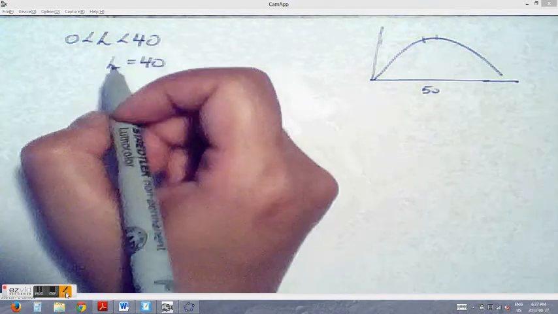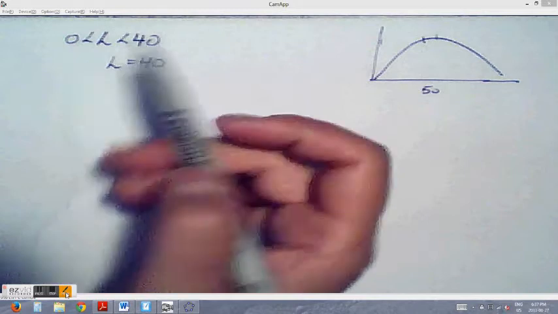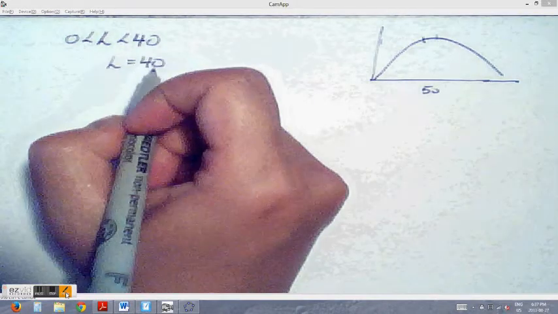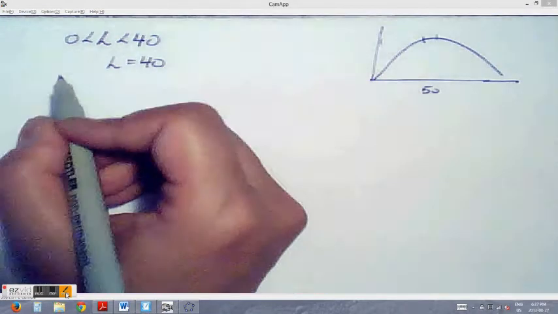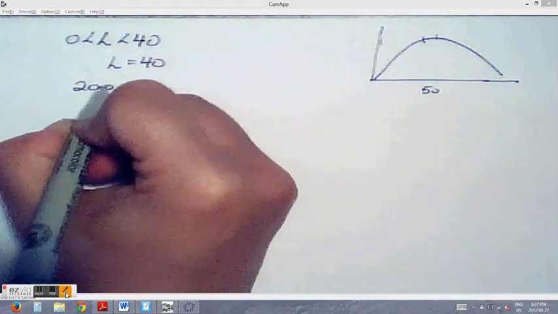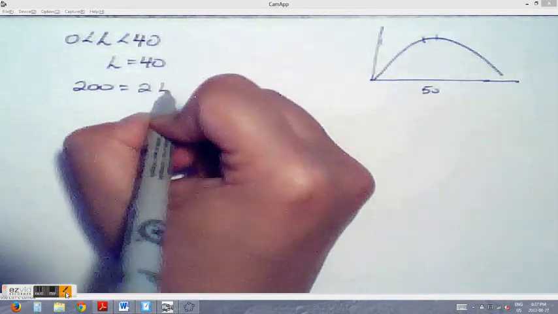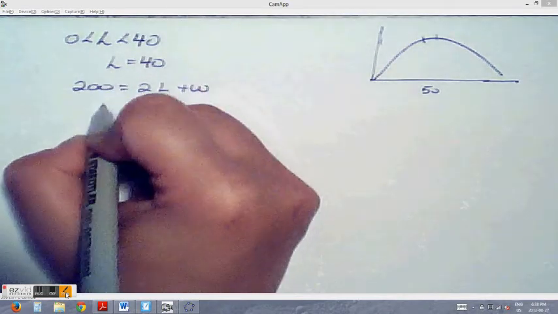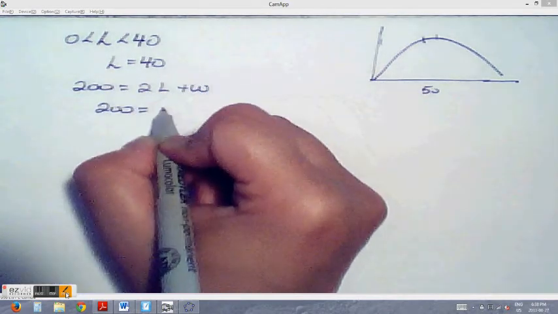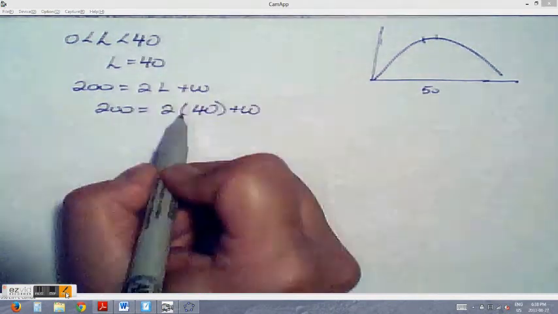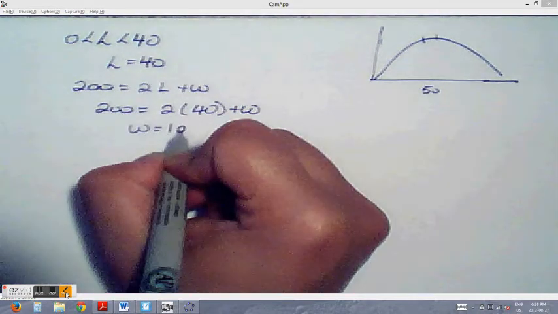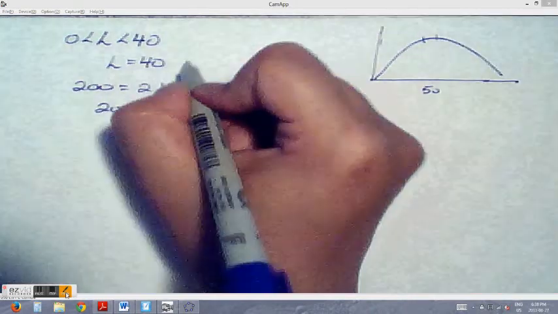So let's determine the area. First, let's take the length and plug it back into the perimeter equation so that we can find out what the width is. So we're working this out. Our width then is equal to, moving this around, that would work out to be 80, so width is then equal to 120 meters.